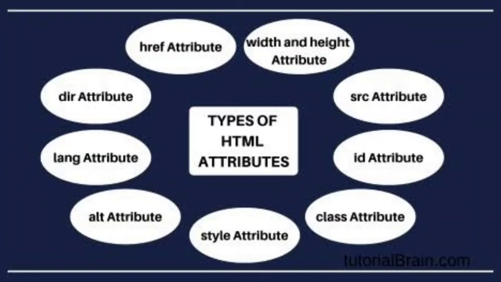It behaves differently for different elements. When the title attribute is used with an element, it displays the title value as a tooltip when you bring the cursor over that element in the browser window. Okay, that is the title attribute.